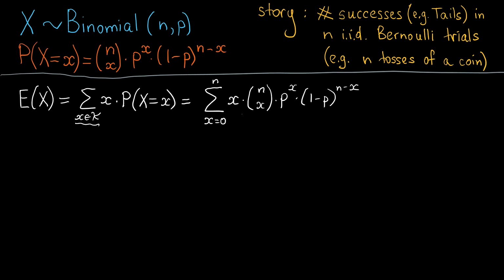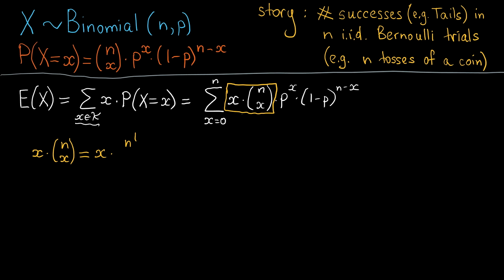Now, it isn't immediately clear how to proceed with this, but it turns out that this expression can be simplified in a way that will be very advantageous for us. So let's have a look at it in close-up. Let's unpack what n choose x is.